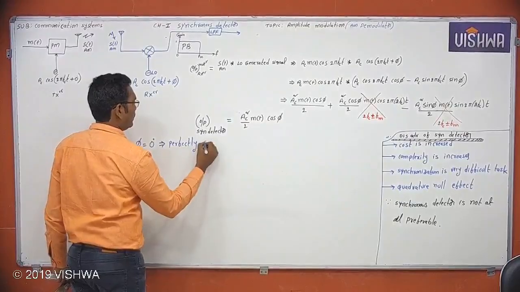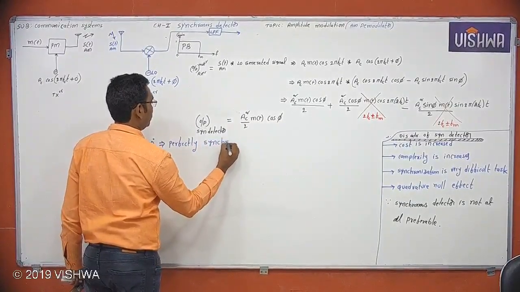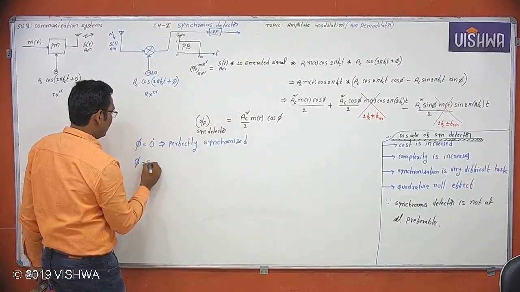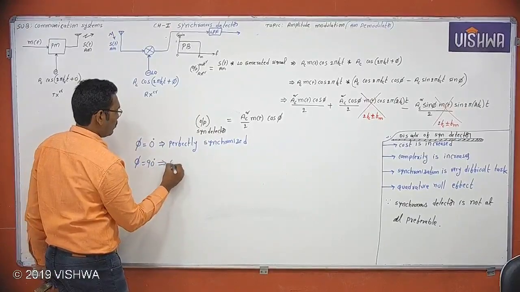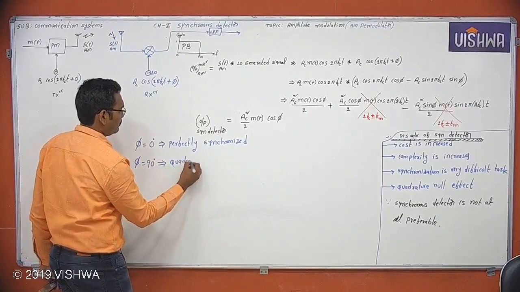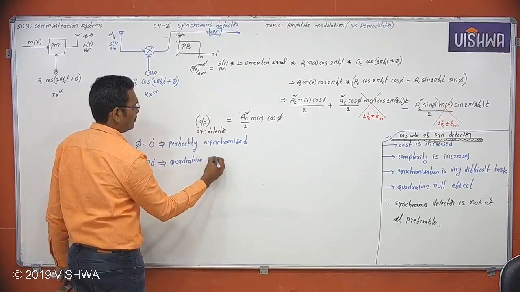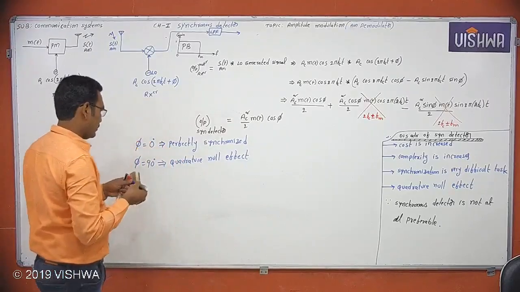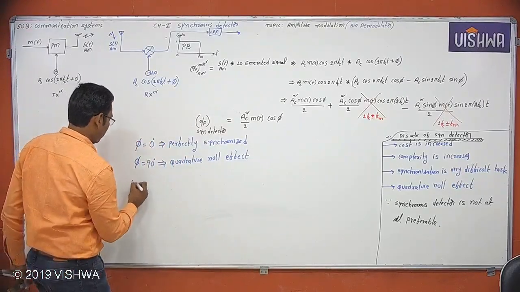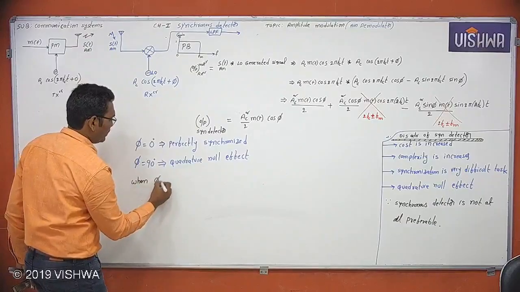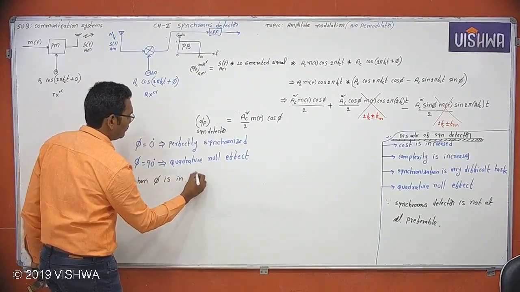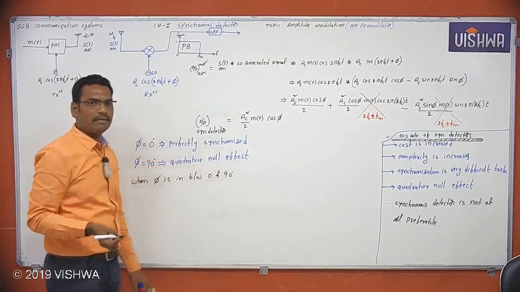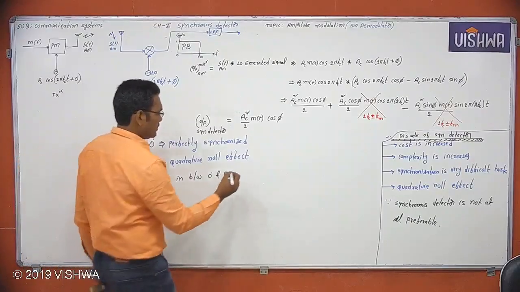When phase equals 0 degrees, perfectly synchronized, no problem. When phase is 90 degrees, quadrature null effect. But when phase is in between 0 degrees and 90 degrees, what happens now?